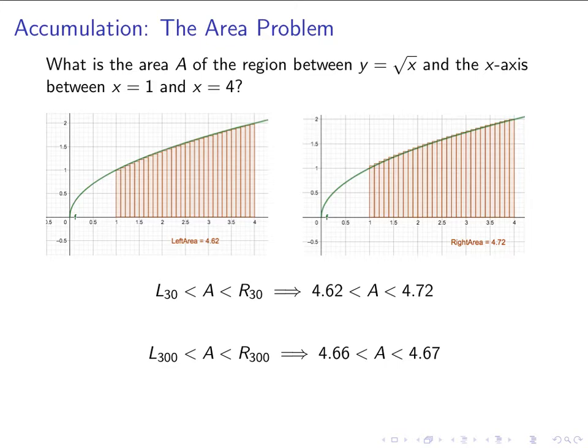So again, I know my A is somewhere in between those two, and that's getting very specific. And then if I go to 3,000 with a computer, the sum of 3,000 left rectangles is 4.666, and the sum of 3,000 right rectangles is 4.667. And so my actual value of A is somewhere between 4.666 and 4.667. So now we have a very good idea of what the actual area A is here, just from being able to do approximations.